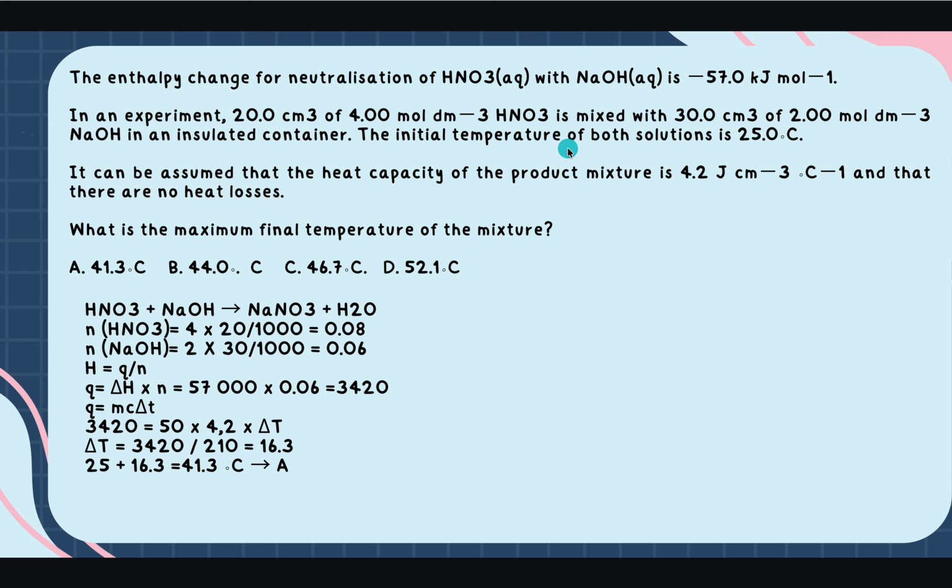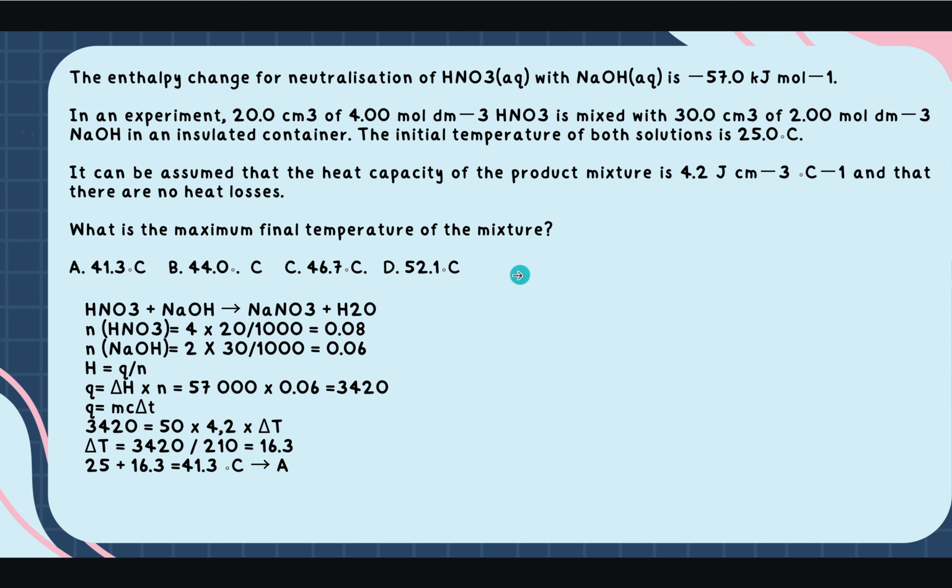The initial temperature of both solutions is 25 degrees Celsius. It can be assumed that the heat capacity of the product mixture is 4.2 joules and that there are no heat losses. What is the maximum final temperature of the mixture?